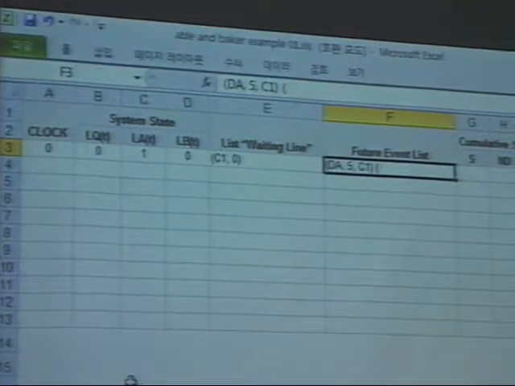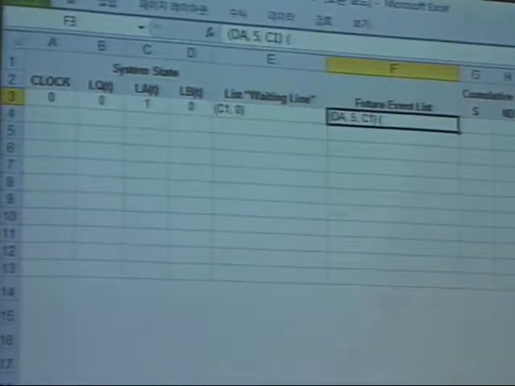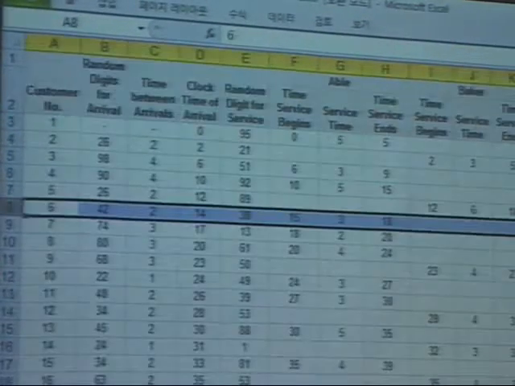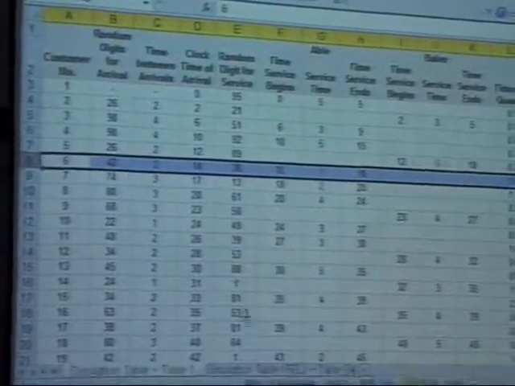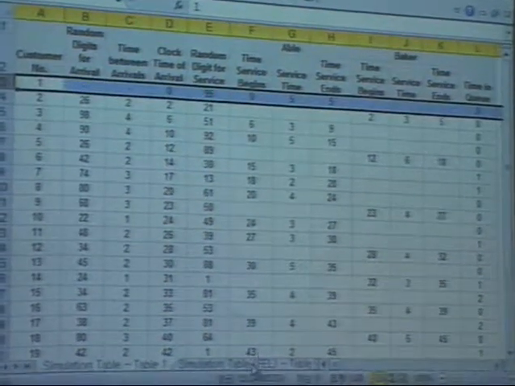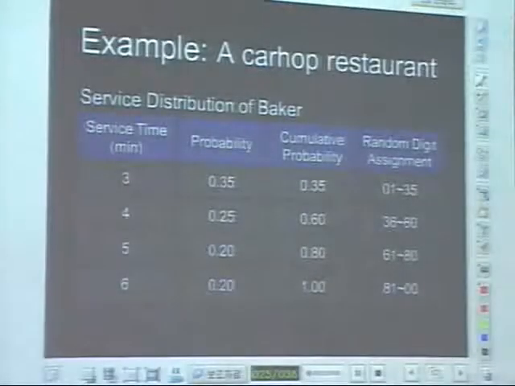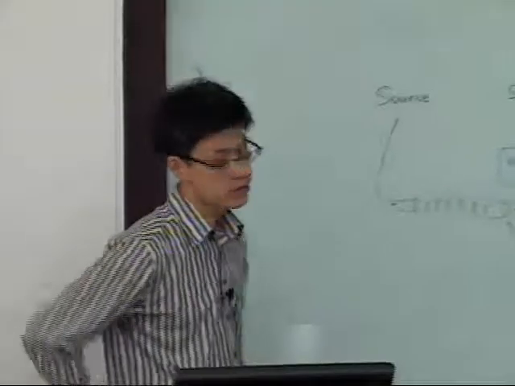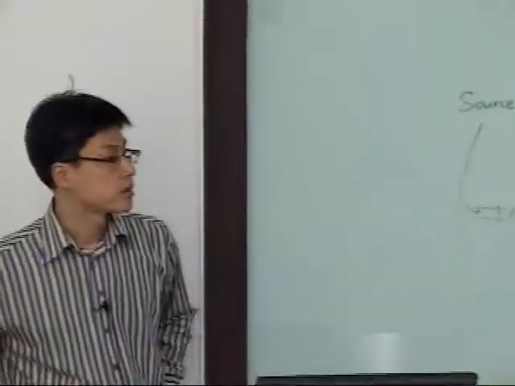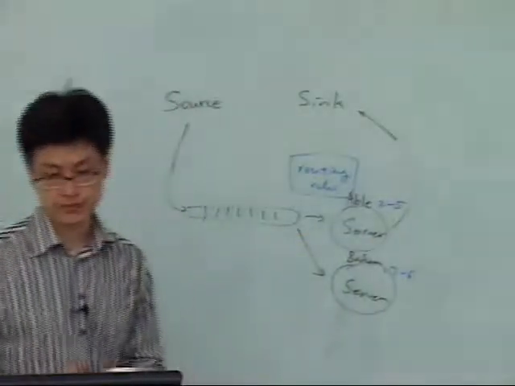By filling out this kind of form, you can reconstruct this simulation table. System state 3: customers here, and busy or not, busy or not.